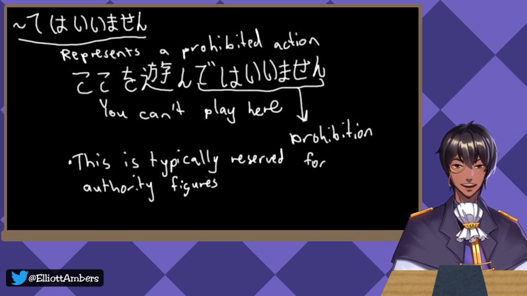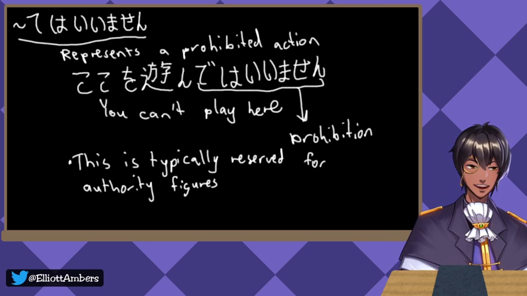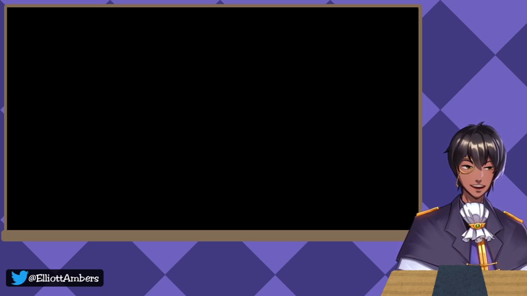Sorry. And at the beginning, we mentioned that not only does te form have to do with permission, but also, let me see what layer it's on. Te form is also going to be used in a lot of layers today.